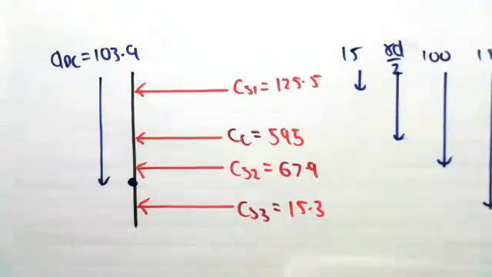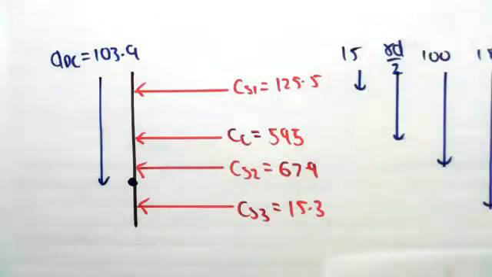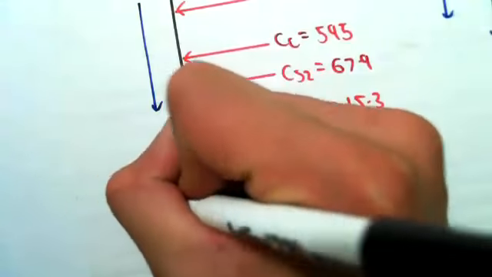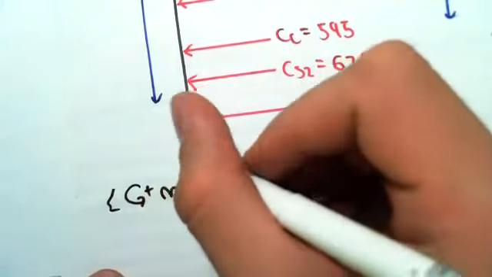Now we're going to be taking moments about the plastic centroid. We're going to be taking the sum of the moments positive anti-clockwise.